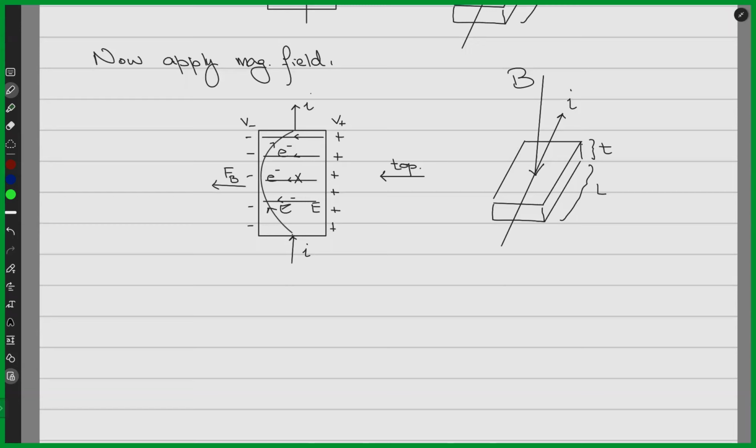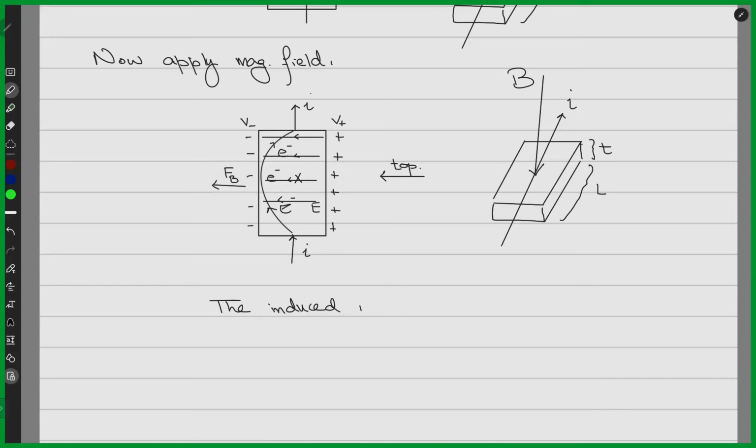The segregation of electrons on one side induced a net positive charge on the other side, and that induces a potential difference across the conductor. This induced potential difference is called the Hall voltage.